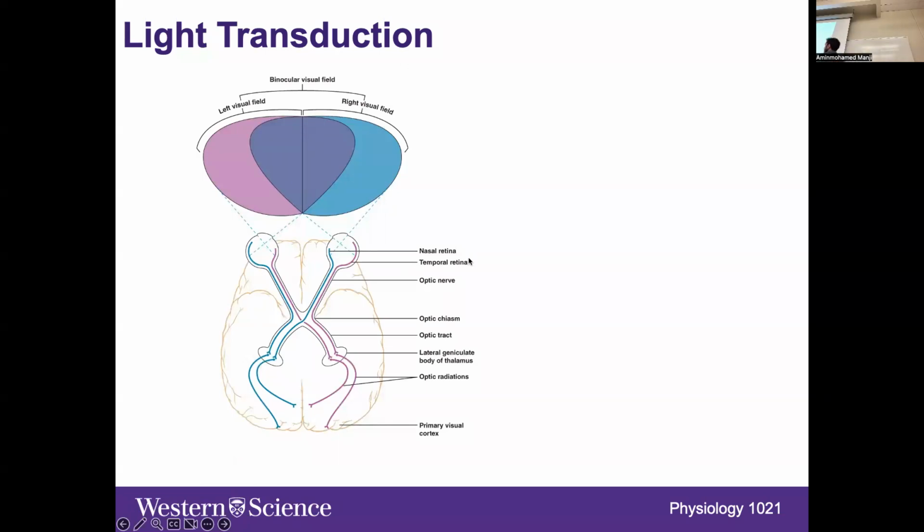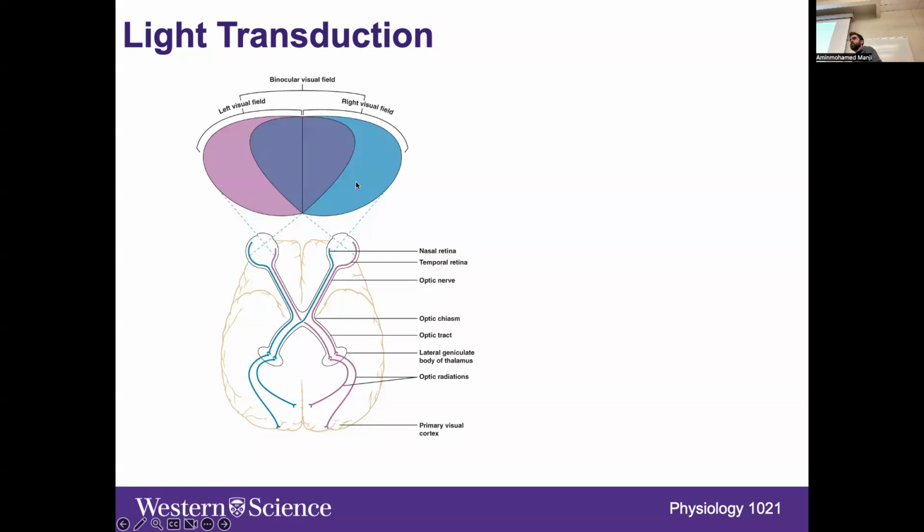The bottom line is because both eyes are contributing to both visual fields, that means that information from both eyes, at some point, something has to cross over to get to the correct side of the brain, the correct visual cortex, I should say. So for example, your right eye, if it's contributing information to your right visual field, you can see this part over here, the nasal retina, is contributing to the right visual field.